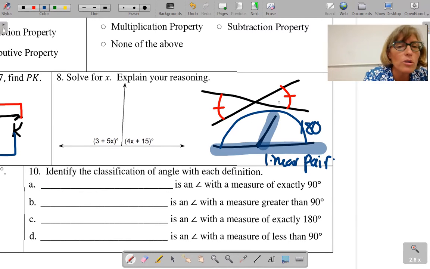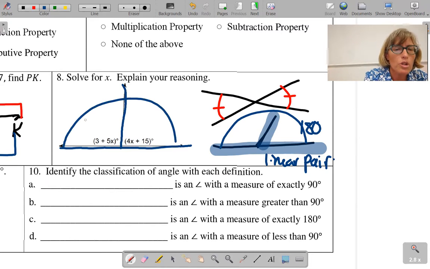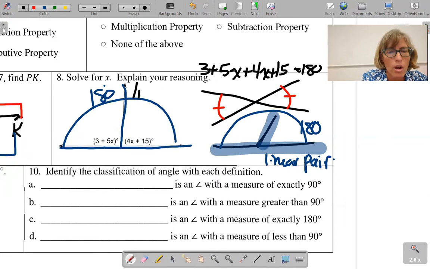So these two angles are linear pairs. They share a spine and make a line, which means they add up to 180. So our equation here, of course, is going to be 3 plus 5x plus 4x plus 15 equals 180, and that is because they are a linear pair.